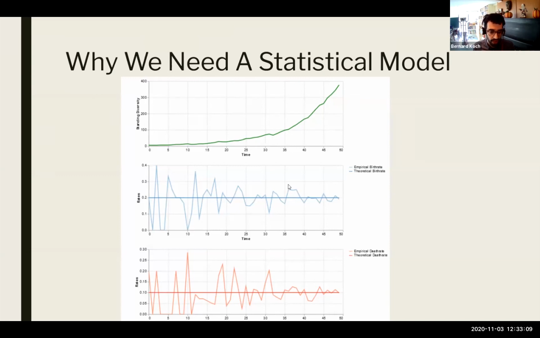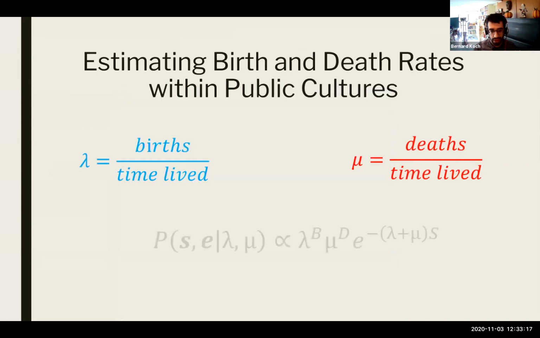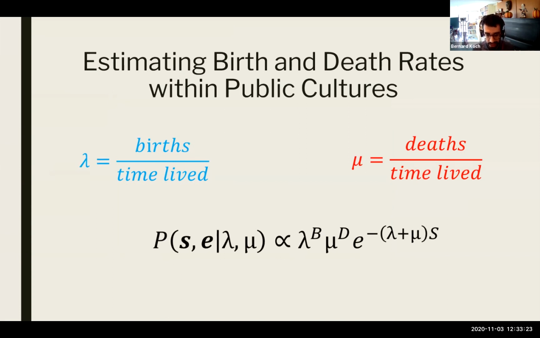So that's the motivation for having a statistical model. The statistical model that we're going to use is the linear birth-death process. This was introduced in the 50s, and it's very popular for a lot of applications in biology and also in queuing theory and computer science.